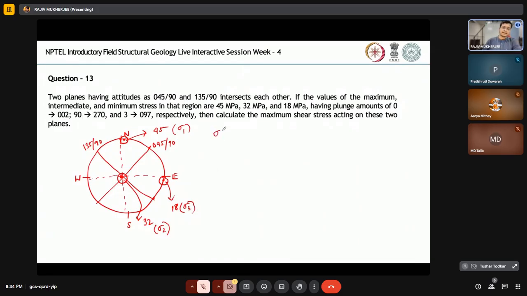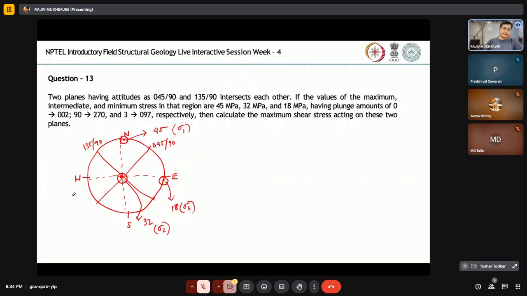So as we can see, sigma 1, sigma 2, and sigma 3 are perpendicular to each other. The information is not given in the sense that these are the principal axes of stress. It has generally been given as 3 stresses. They have a decreasing order of magnitude, and it happens that they are also perpendicular to each other.